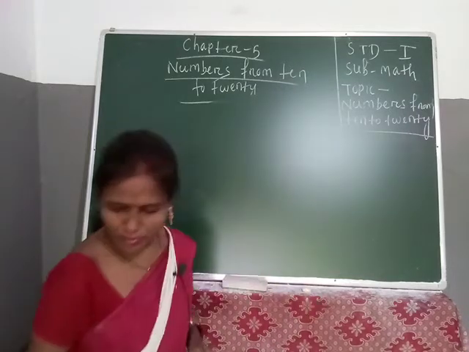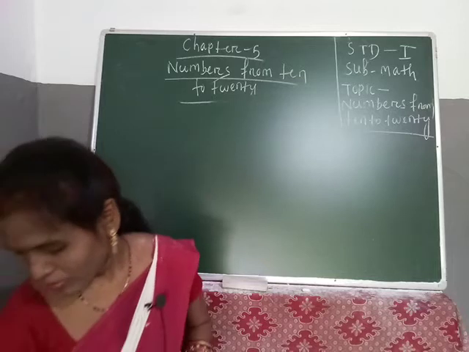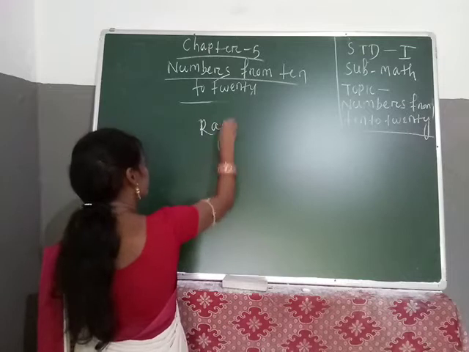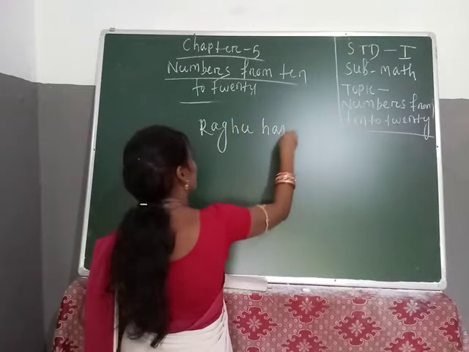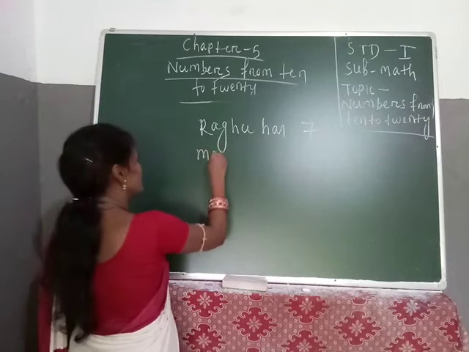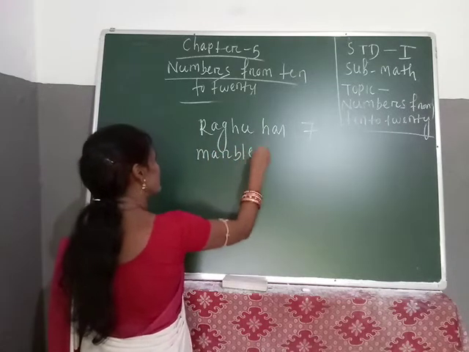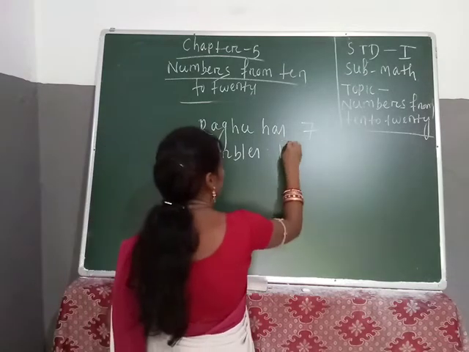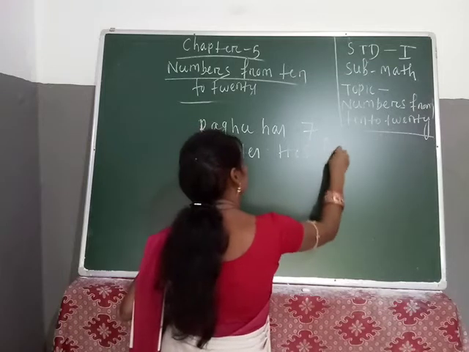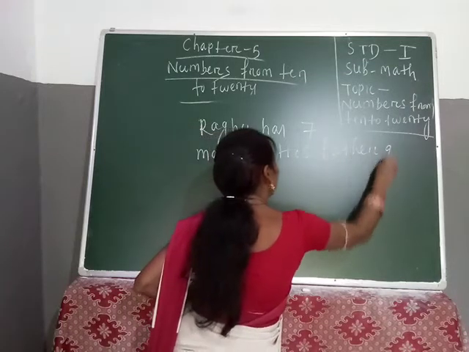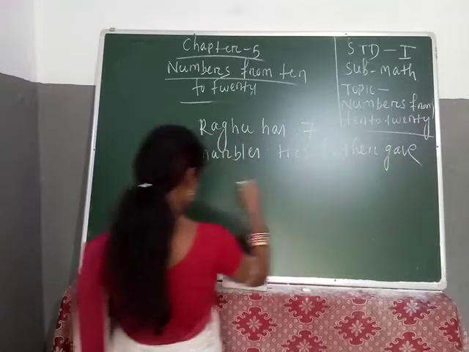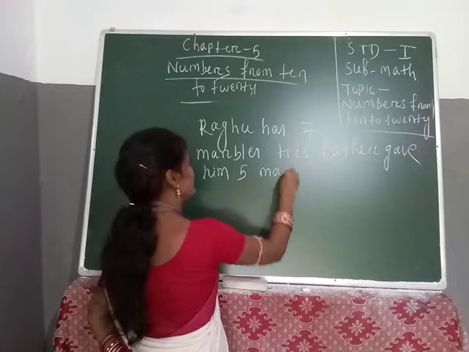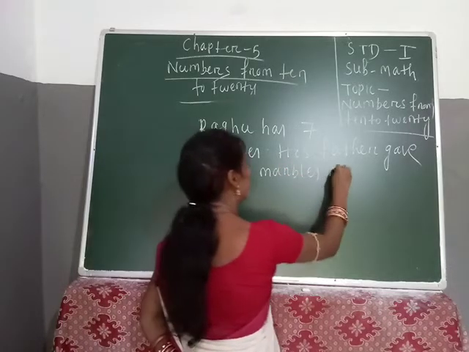And another word problem I am telling you, students. See, Raghu has 7 marbles. Raghu has 7 marbles. Then his father gave him 5 marbles more.